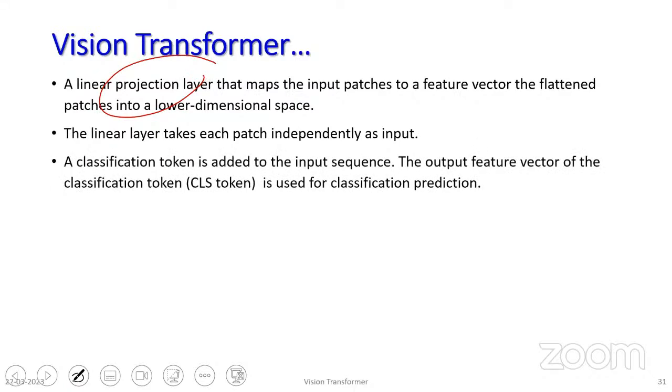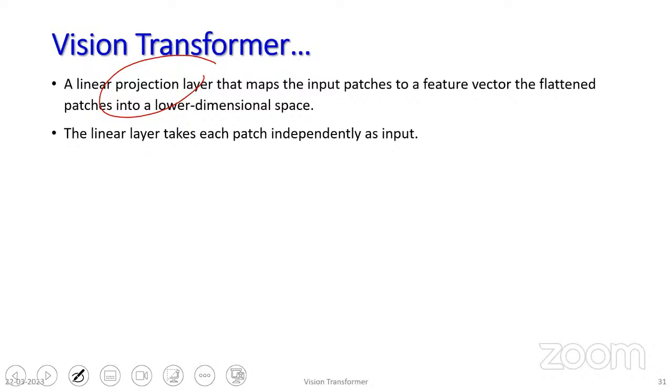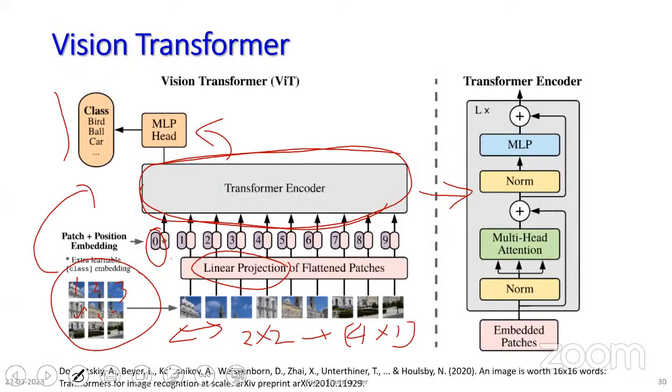A classification token is added to the input sequence, remember? The output feature vector of the classification token is used for classification prediction. So you have a classification token that is also added to the input sequence, as I showed here. Here, this classification token is there, right?